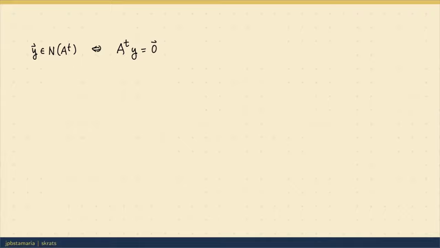And this zero vector has size, if A is m by n, A transpose is going to be what? n by m, right?